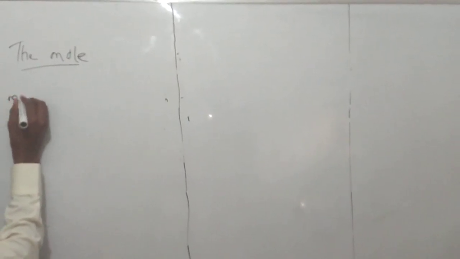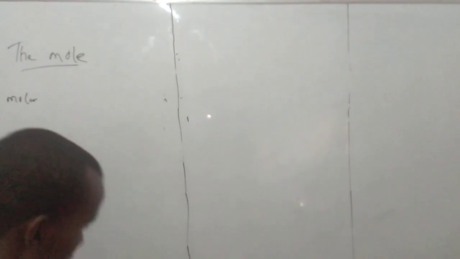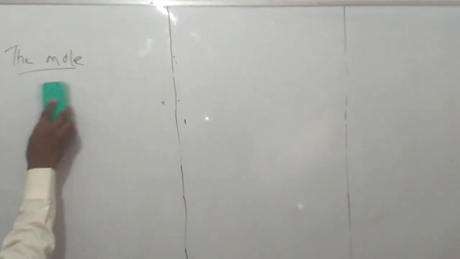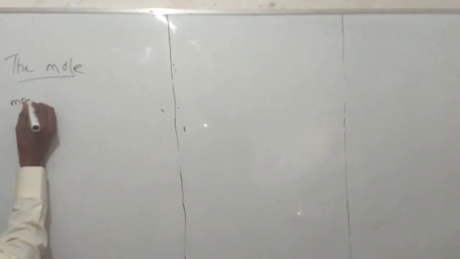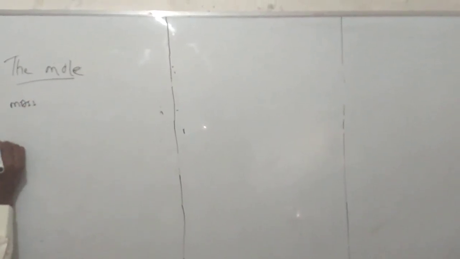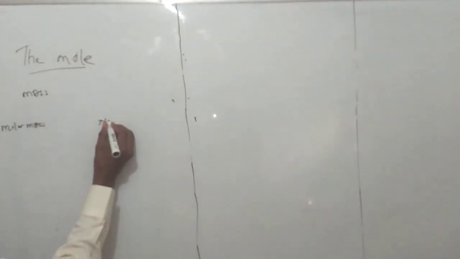Let's say I'm having here the mass. Then here I'm having the molar mass. Here I'm having the number of moles.